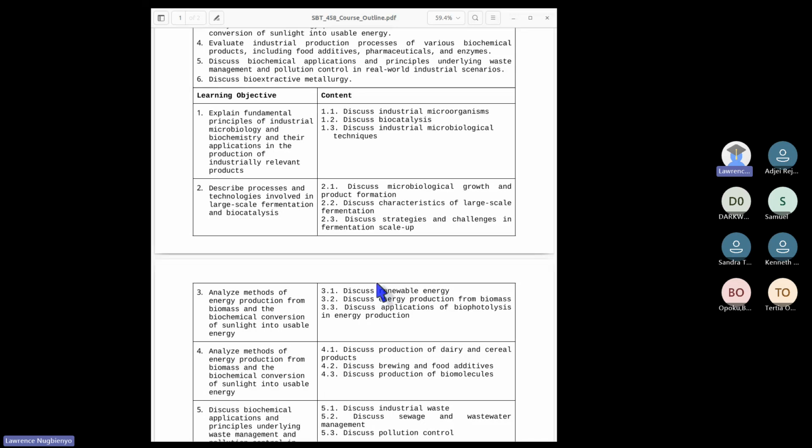So how these things are applied in different industries, like for instance in the production of yogurt, or alcohol, ethanol, or even in biofuels, in the production of bioethanol. So we'll look at things like that.